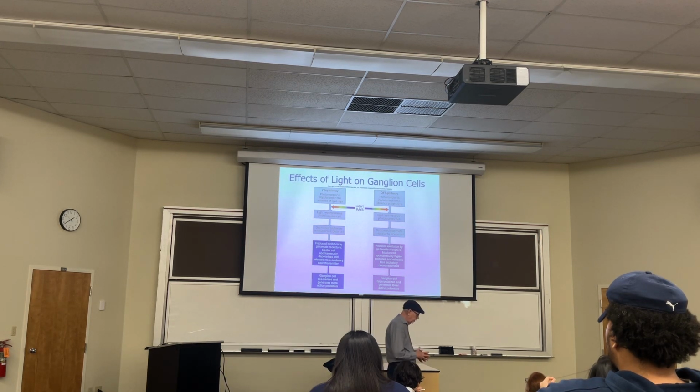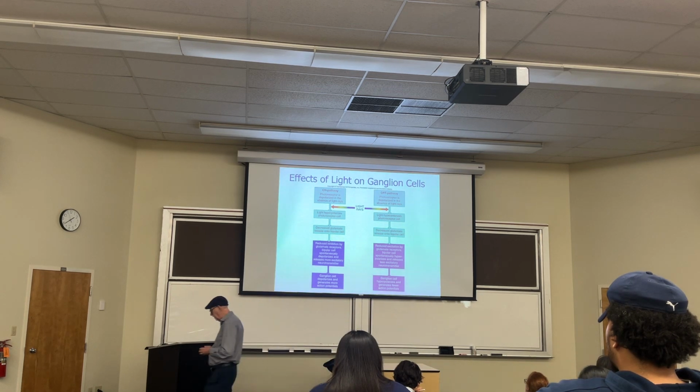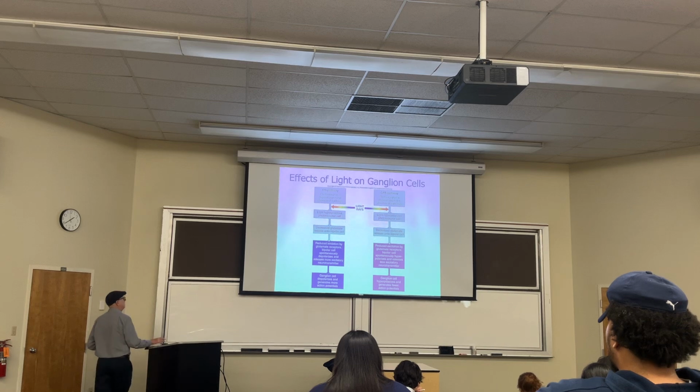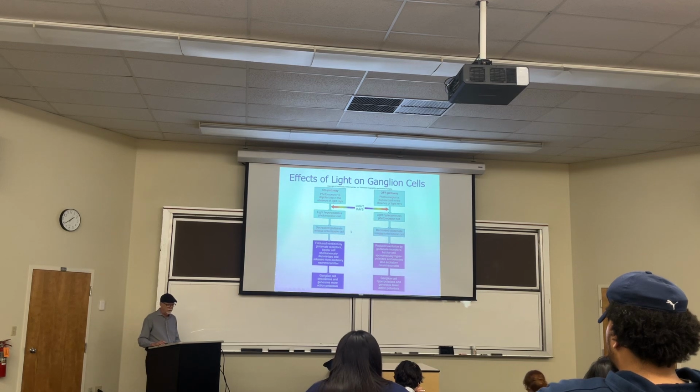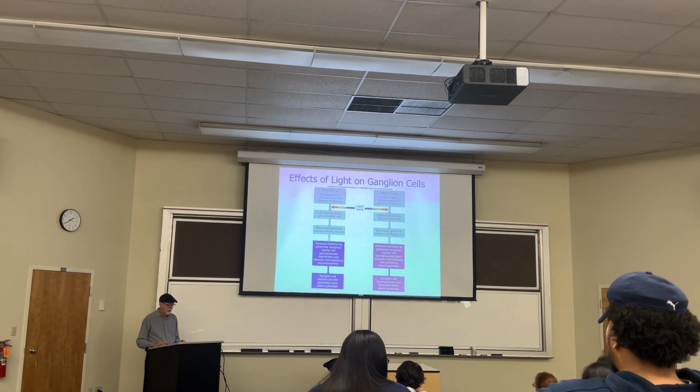So let's go through this a bit. We'll have quite a bit of text explaining this, but looking at something like this is perhaps the easiest way to understand it. We have an on pathway and an off pathway. The first three steps are the same whether you have an on pathway or an off pathway.